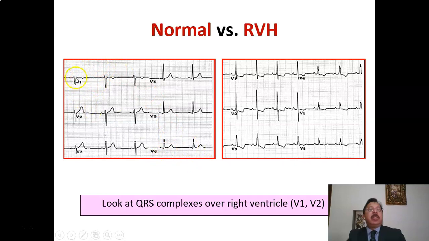This is the normal transition: V1, V2, the R wave is small, getting bigger in V3, V4, V5, and V6. But if you look at the other side, the R wave in V1 is tall and narrow. So this is hypertrophy in V2 also. So this is the striking difference between the two ECGs. The R wave is positive in V1 and V2. It's quite tall.